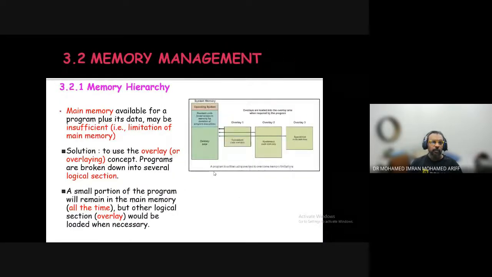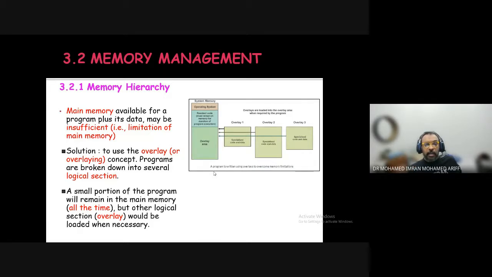In the main memory, or RAM, the size is very limited. Since the size is limited, not all programs can be stored inside the main memory. You have to remember, any process or program that needs to run inside the computer system needs to keep its file inside the main memory.